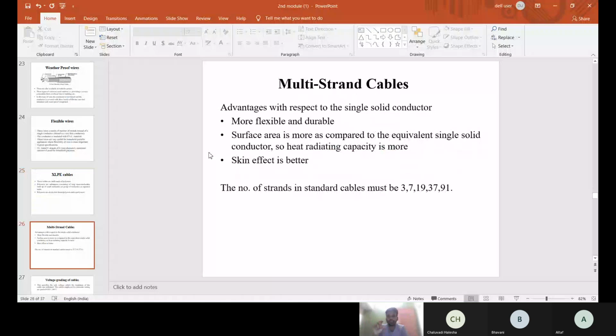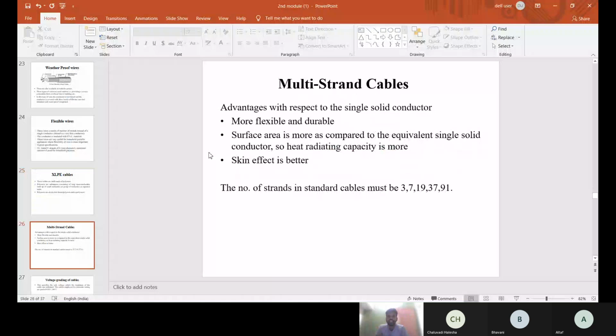If the predetermined current rating is exceeded, then the losses will be in terms of heat. This heat effect will be more spread over the surface area. So the requirement of surface area and heat radiation is better in multi-strand cables.